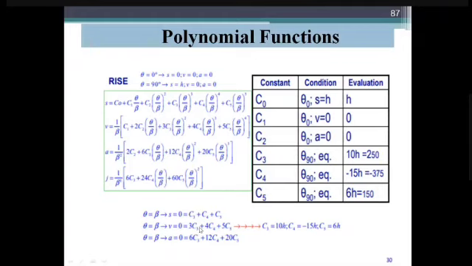So 60 divided by 3 is 20, so 20C3; instead of C3, we use H, 20H. I keep C4 as C4 because I need at least one value to calculate. Then 5C5: 60 divided by 5 gives 12C5, so 12H. So the first one is 20H, and the fifth one, C5, is 12H.